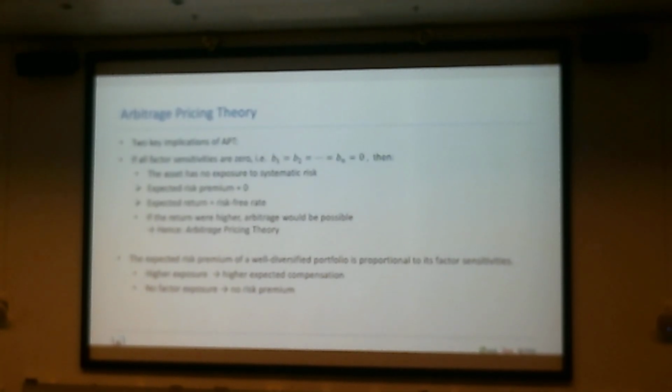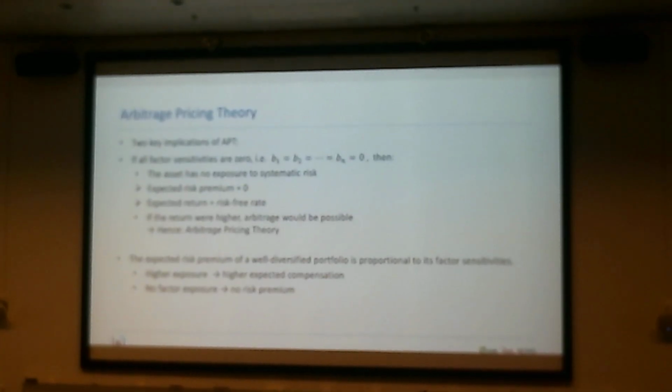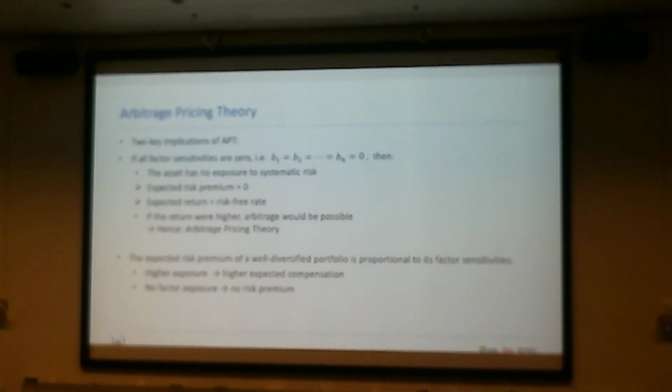And then the second implication is that the expected risk premium of a well-diversified portfolio is proportional to its factor sensitivities. So it sounds a bit complicated, but it's just if you look at what is inside the portfolio and you look at the factors that all the different stocks are exposed to, then the overall risk of the portfolio is proportional to the risk factors that the single stocks are exposed to. So it's basically just a weighted average of the risk.